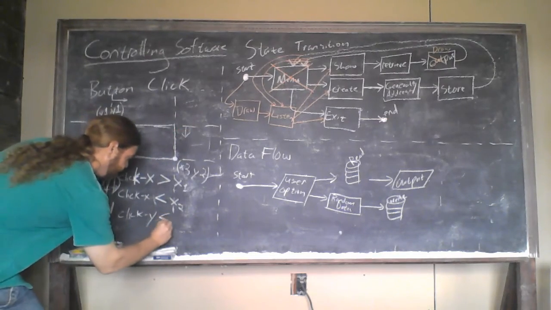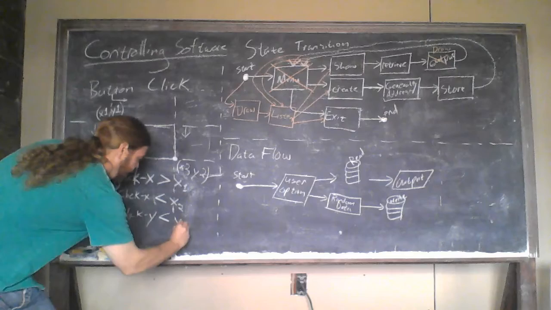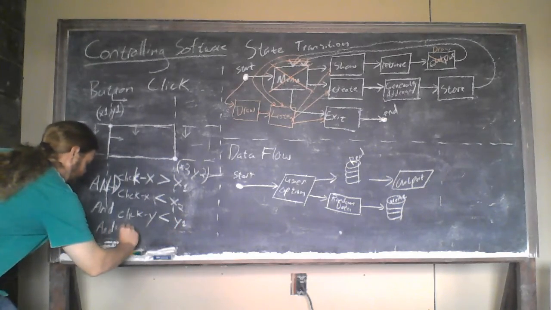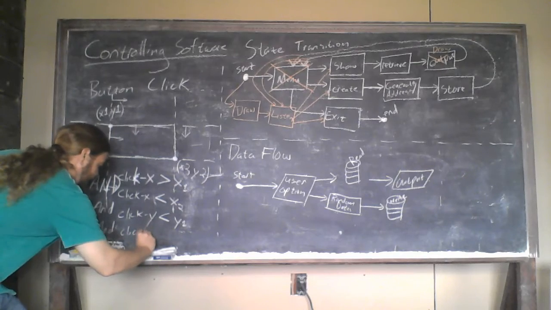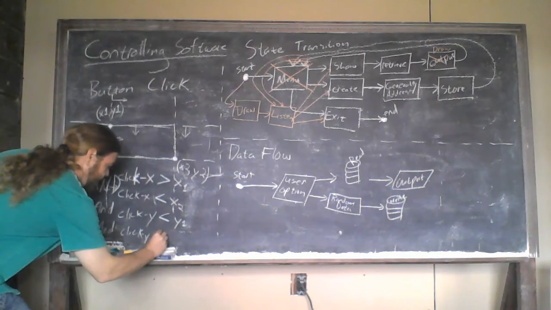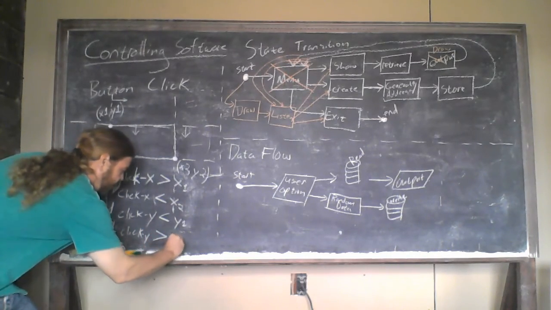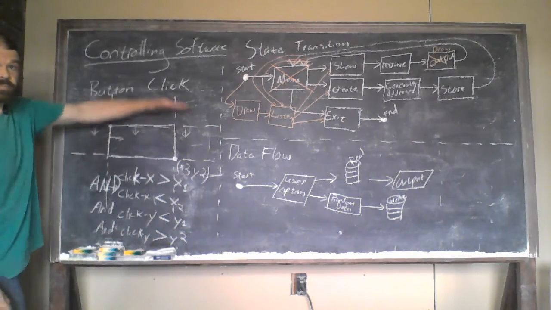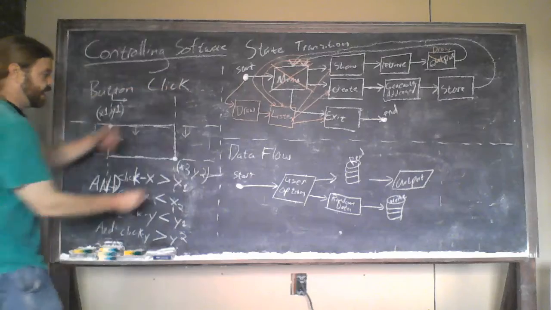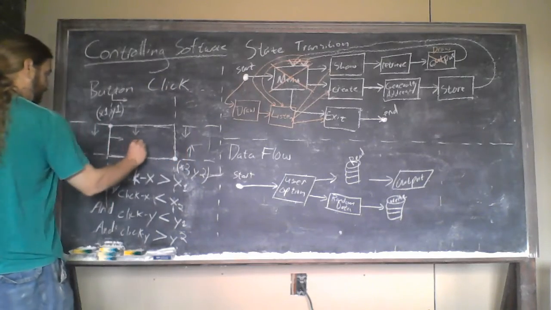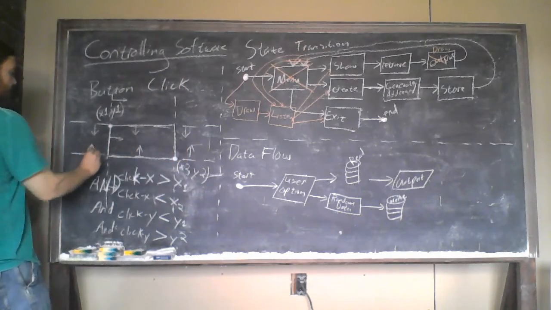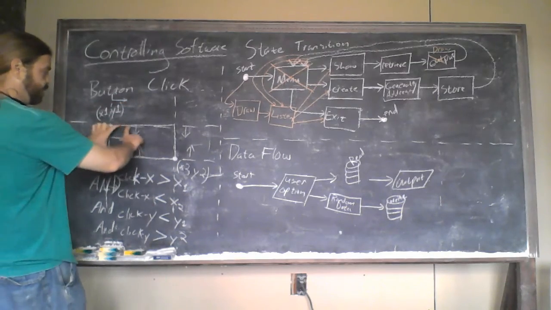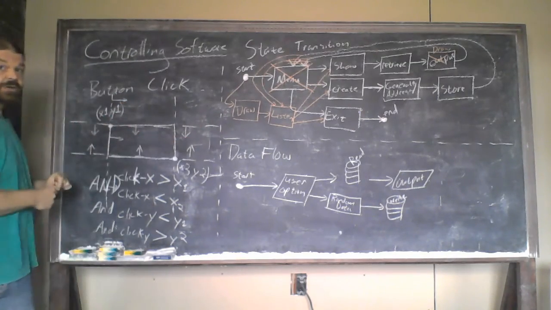So if it's smaller than y1 and that click y is bigger than y2, so if it's bigger than that and smaller than that, the only thing it could be is this little strip here that our button's included in.